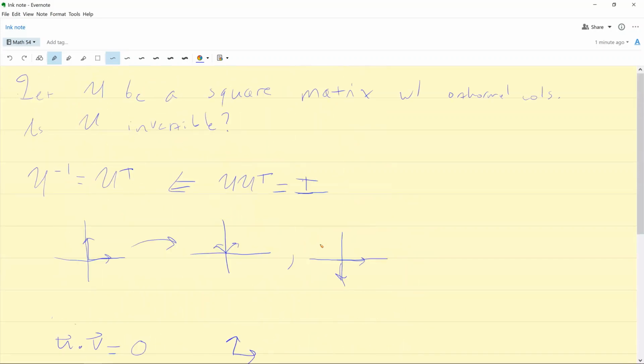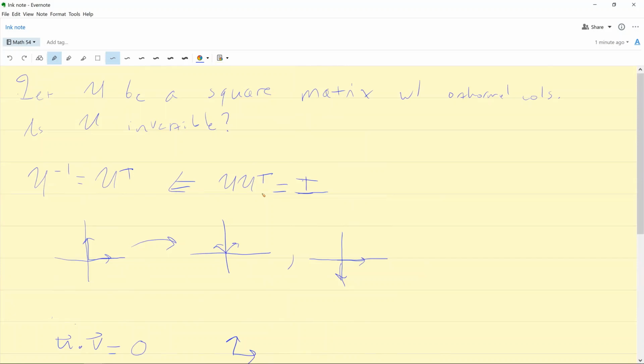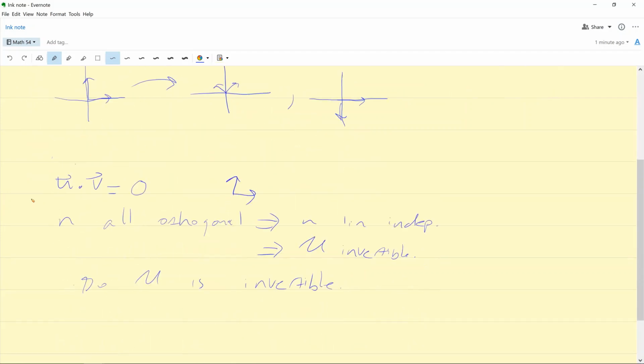But from the theorem earlier in the chapter, that condition, U transpose U is the identity, is the same as having orthonormal column vectors. So all these matrices U that have orthonormal column vectors also have the property that their inverse is equal to their transpose, and they're thus orthogonal matrices.